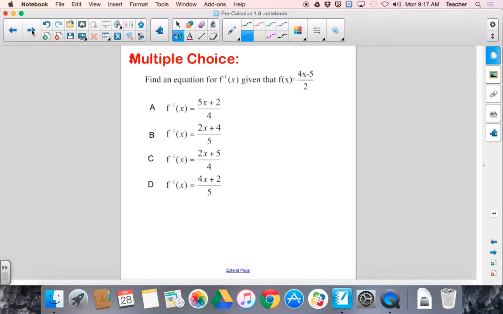Now pause the video at this time and answer the following multiple choice question. Find an equation for f inverse given that f of x equals 4x minus 2. 4x minus 5 divided by 2.